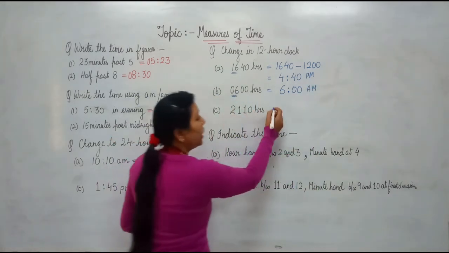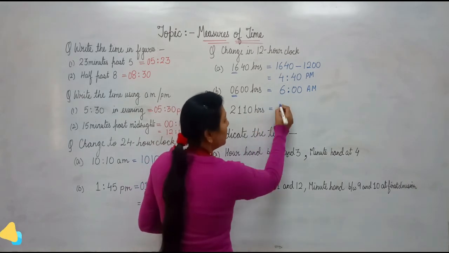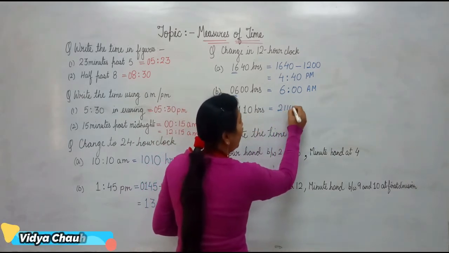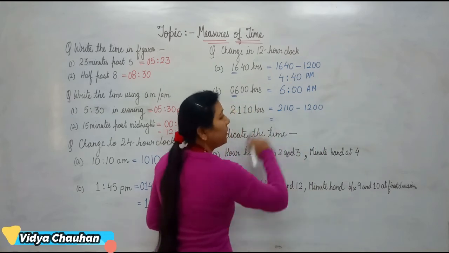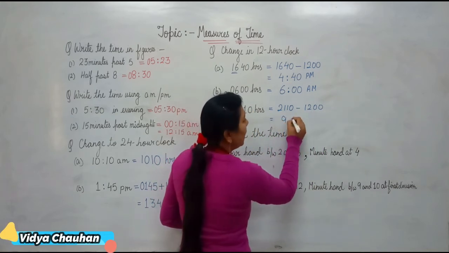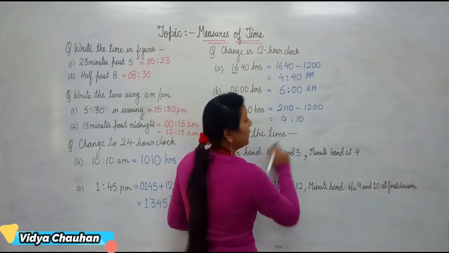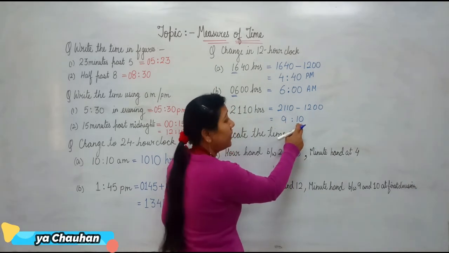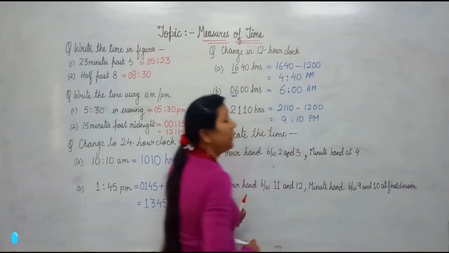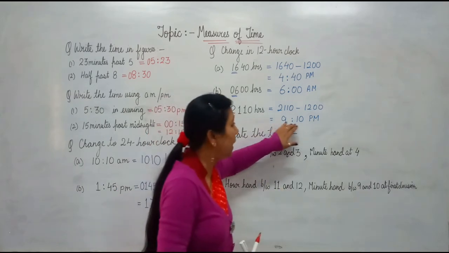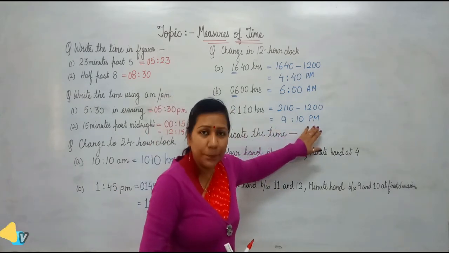Then the third part, 2110 hours. So that will be 2110 minus 1200. Subtracting the value here, what will you get? 910. And since we have subtracted 1200, it will be PM. So the time is 9:10 PM.